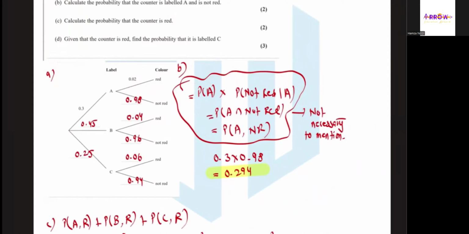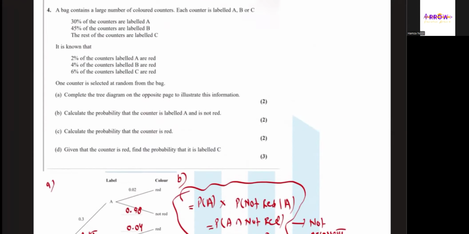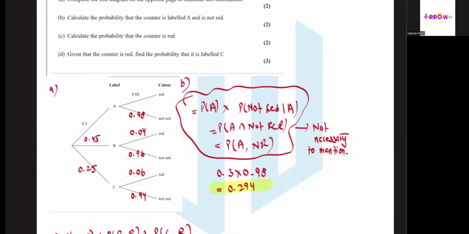Since this value over here is a form of expressing the conditional probability, which is that the probability that a counter is not red, given that it was A, given that it was labeled A. Okay, so this value 0.98 is basically the conditional probability under the condition that event A has occurred.